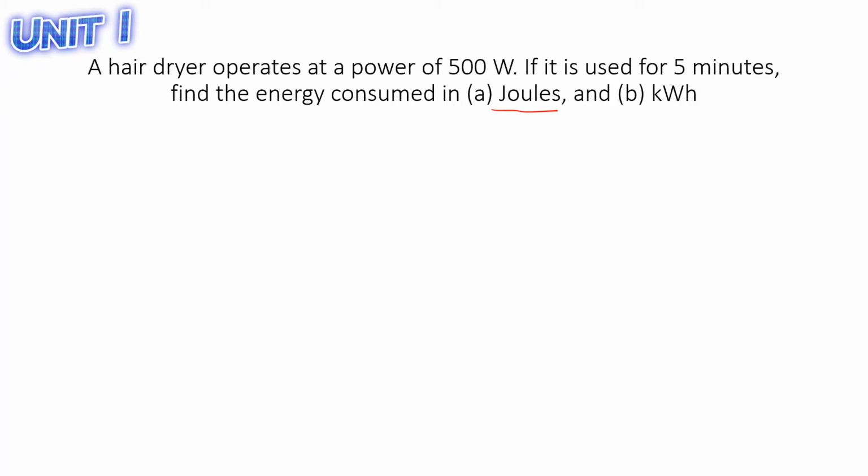Again, what's the formula? Energy is equal to power multiplied by time. In your power, remember that we use watts, so we are going to use 500 watts here. I will remove the unit so that we only focus on the number, and then multiply by time.